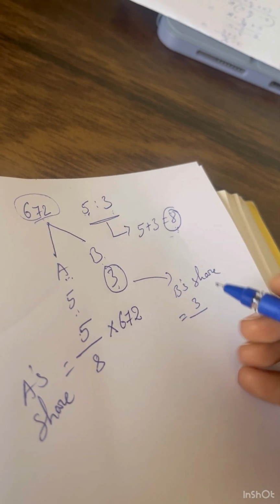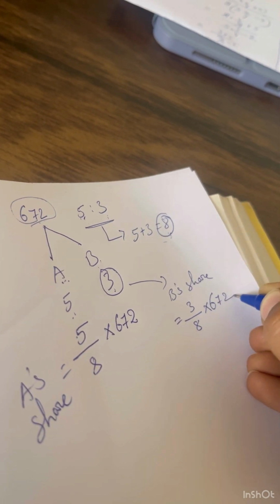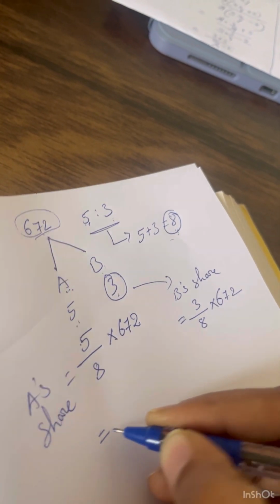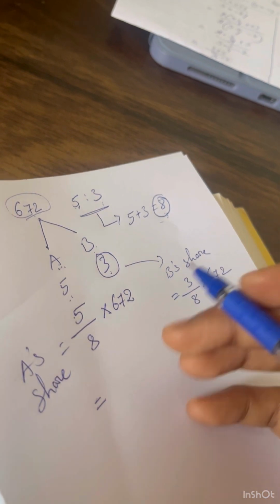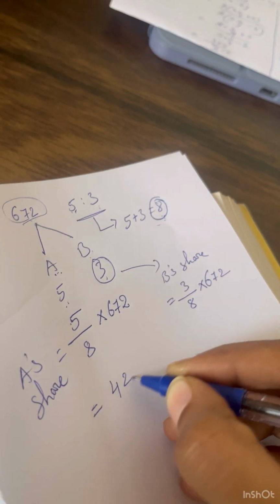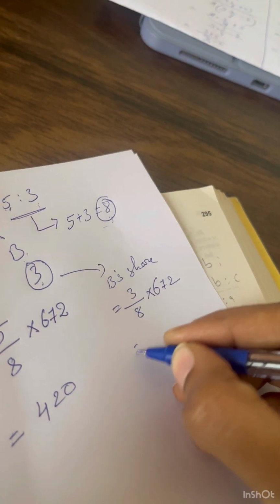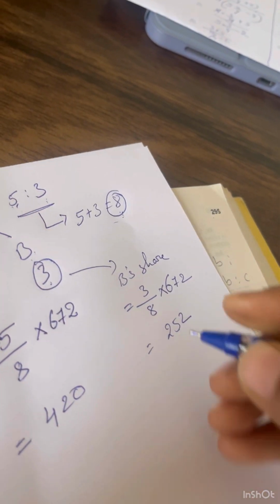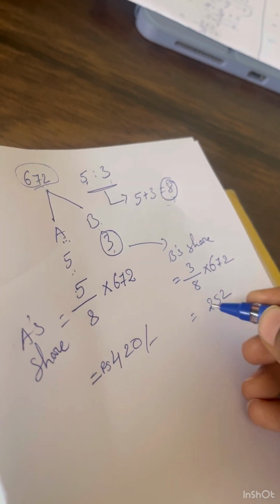Divided by how many total parts? 8 into the total amount. So calculate this and then you get the answer 420. This is the 420 and this is the 252 rupees. It is nothing but rupees.